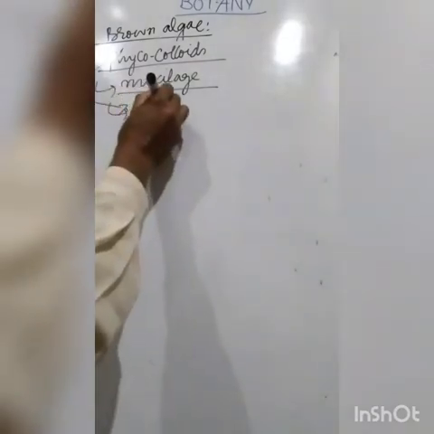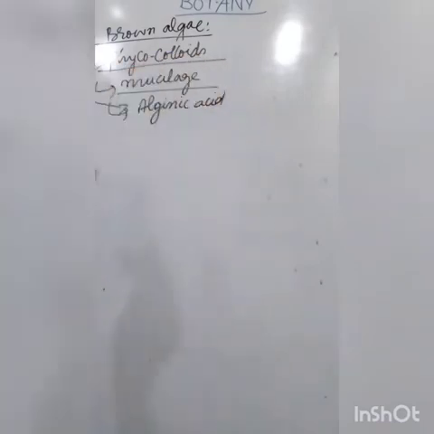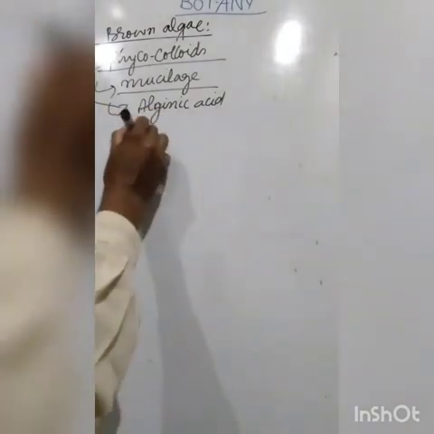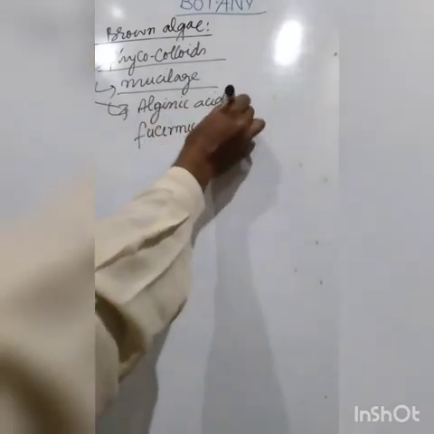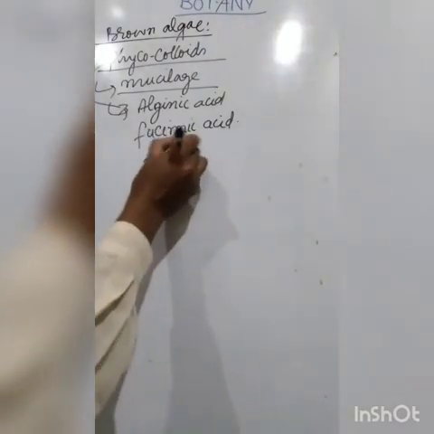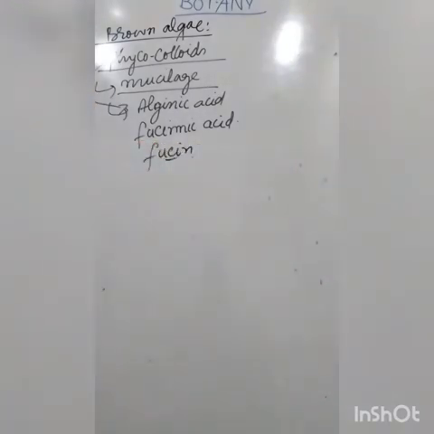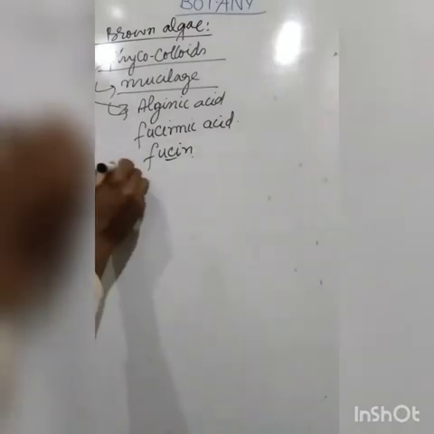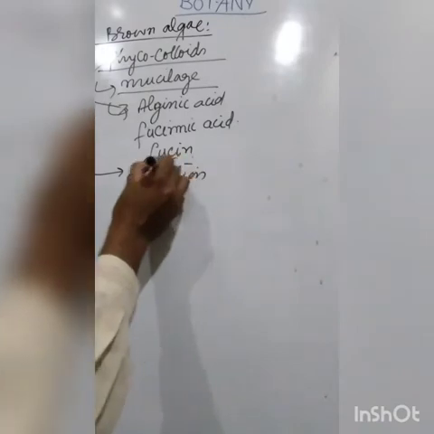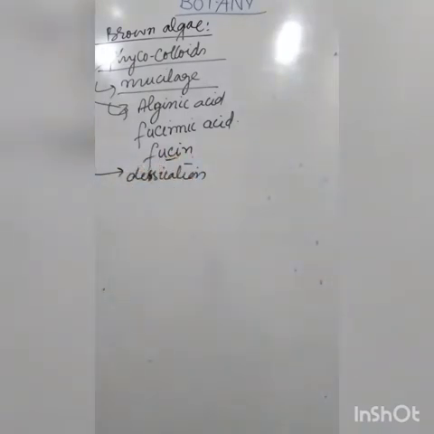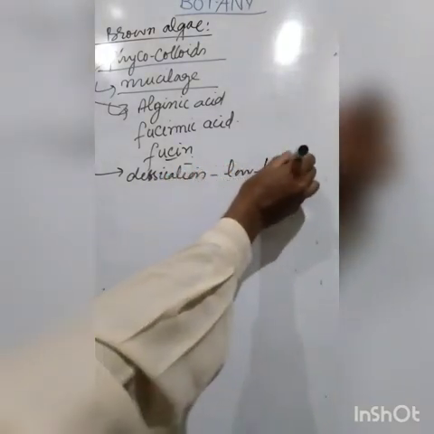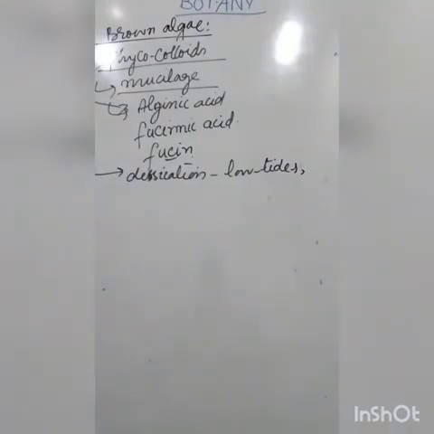There is one called algin or alginic acid, and there is fucoidin, or fucinic acid, or also fucin. Phycocolloids prevent the algae from desiccation, that is drying, during low tides, and from freezing or low temperature.